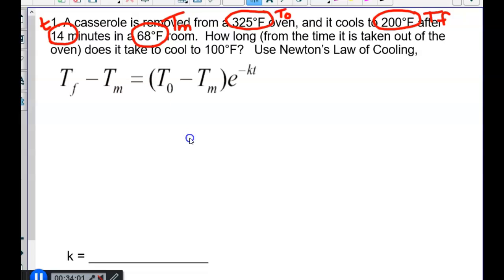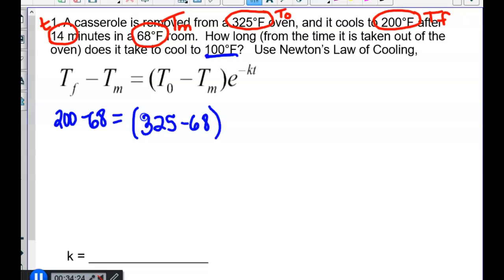So now we got to put those numbers in. We don't use this number yet. Why not? We have to find K first. So the final temperature was 200 when the room was 68. You guys be doing some subtraction for me here. The original temperature was 325 when the room was 68.